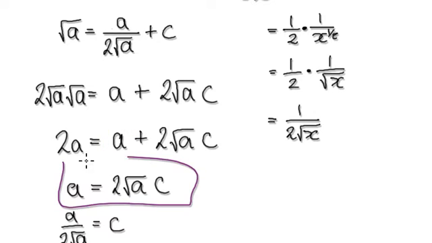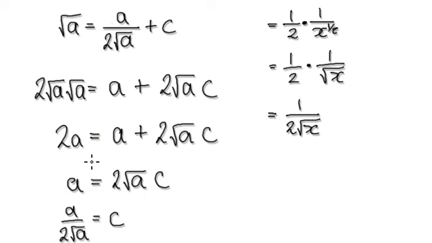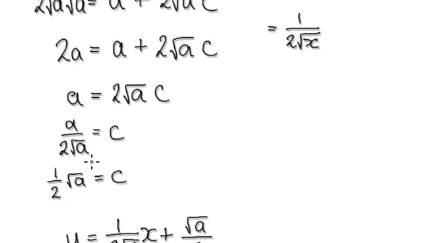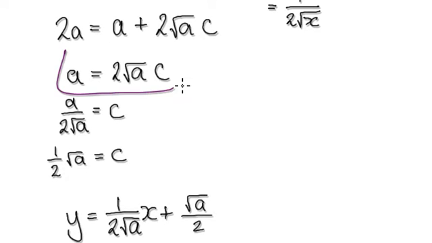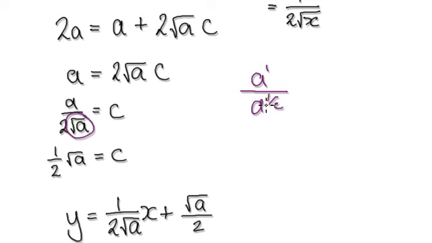So that will then give us this thing here. Now that you're here, divide both sides by 2 root a. That will then give us this. So now this thing here, tidy this up. So you've got a to the power of 1 over a to the power of a half. So this is your half here.